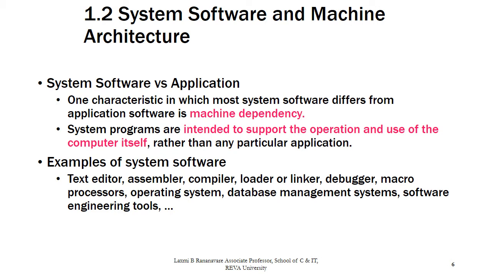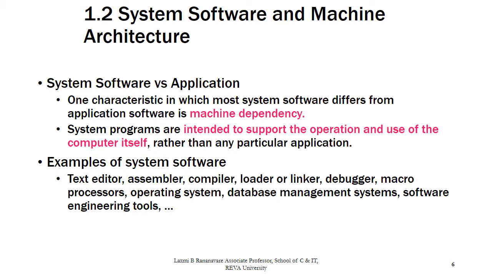System programs are built to support the operation of the computer, and are not built for a particular application. Application software is built for a particular application, whereas system software is built to support the operation of the computer itself.